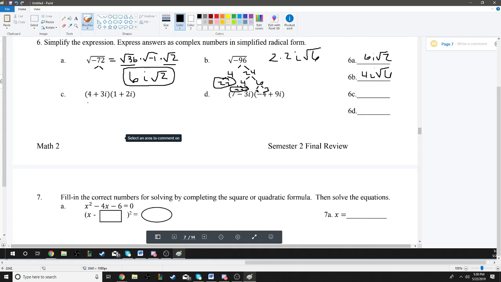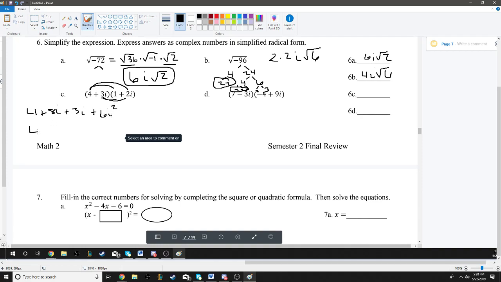Okay. For C, we're going to double distribute just like we've normally been doing. 4 times 1 is 4. 4 times 2i is going to be 8i. 3i times 1 is 3i. 3i times 2i, that is a 6i squared.